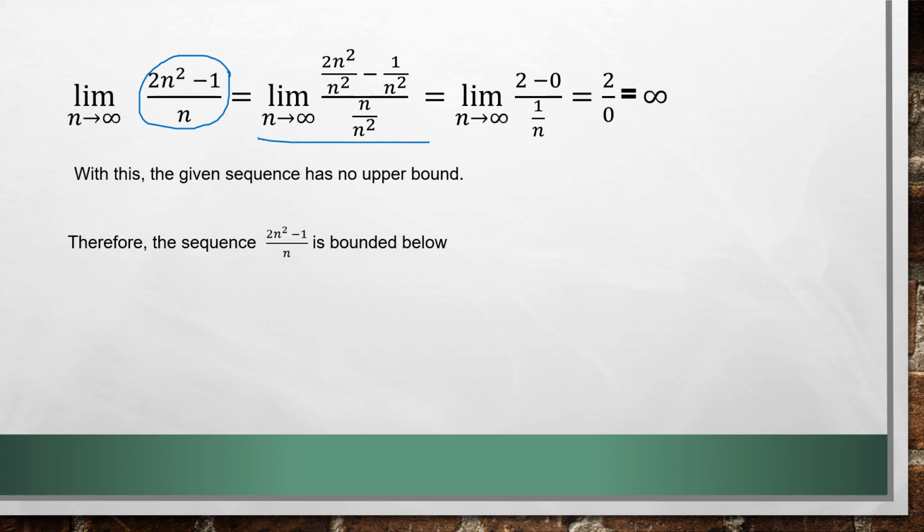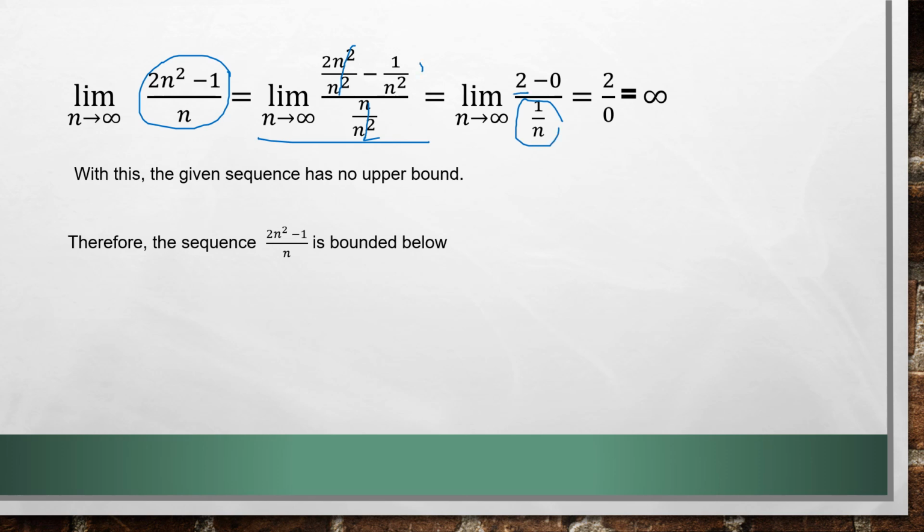We will apply some of the theorems that we discussed last time. So we have 2n squared over n squared minus 1 over n squared, all over n squared. Then we can cancel it. This one will be 1 over n, and this one is 2.